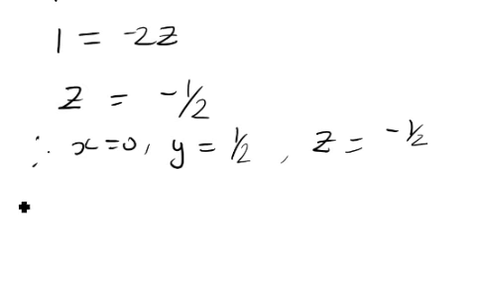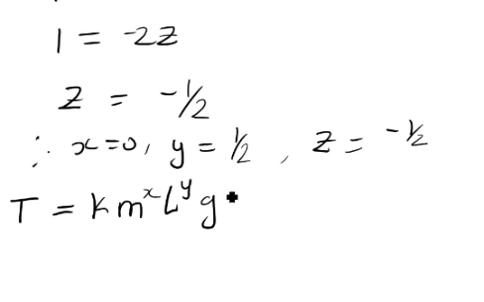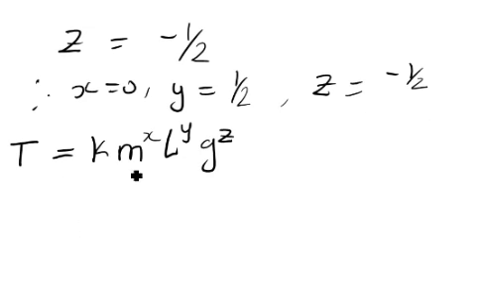So let's go back to the equation that we are given, T equal to k m raised to power x, and then l raised to power y, and then g raised to power z. So here we found out that x is 0, and y is half.